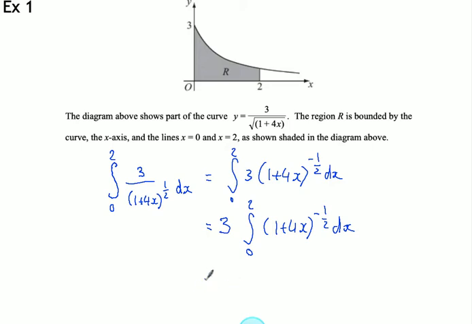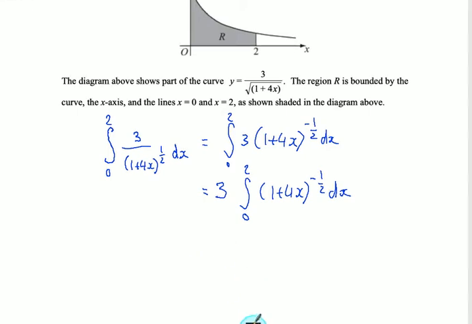So when we integrate this, it's going to be 3 lots of negative 1/2 of 1 plus 4x to the power of a half between the limits of 2 and 0.